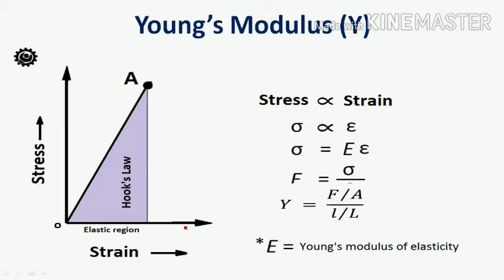Now we are going to see Young's modulus. Stress is directly proportional to strain, sigma directly proportional to epsilon. This proportionality constant is E, and this E is known as Young's modulus.